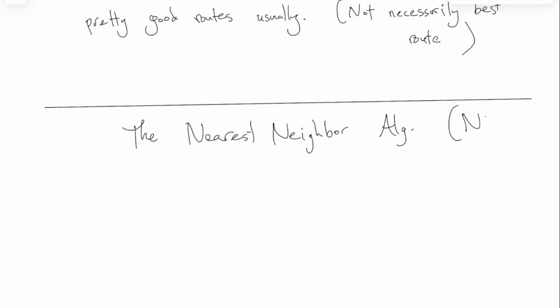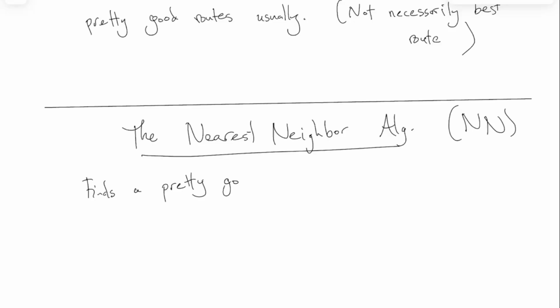And I'm going to write NN for nearest neighbor. This is a way of finding a good route in one of these graphs without actually checking all of them. So it finds a pretty good route, I mean, usually, without checking all of them.